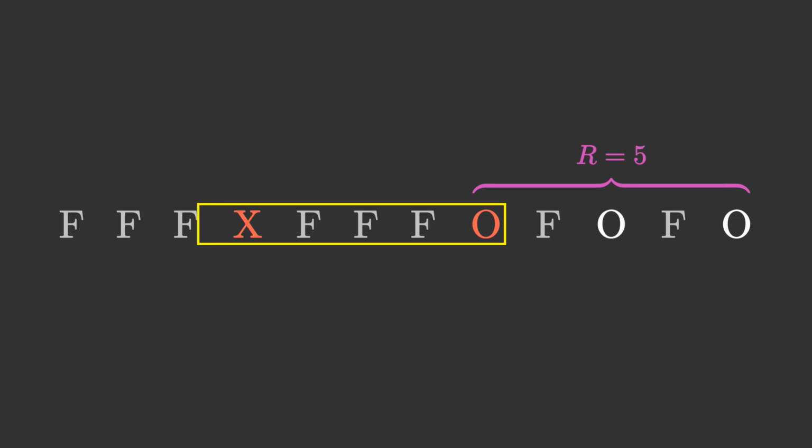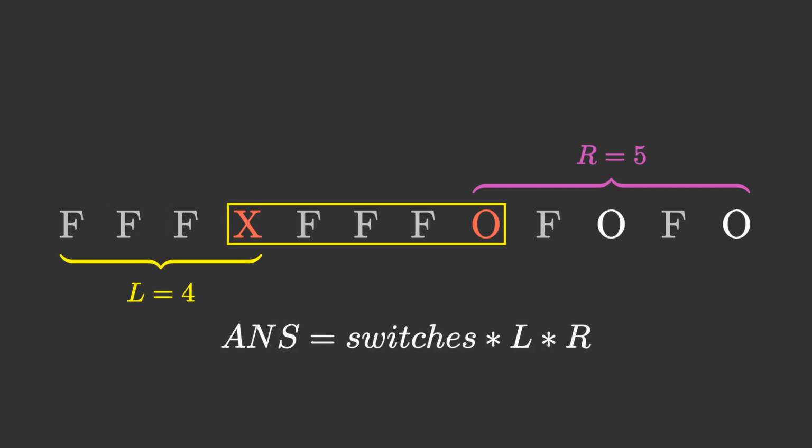Similarly, we can extend it to the left of X. Here, if we include F, it doesn't change the number of switches. So in this case, we get 4 such substrings to the left of X where we have only one inflection point or one switch. Now the answer for this becomes switches times L times R, which is here 20.